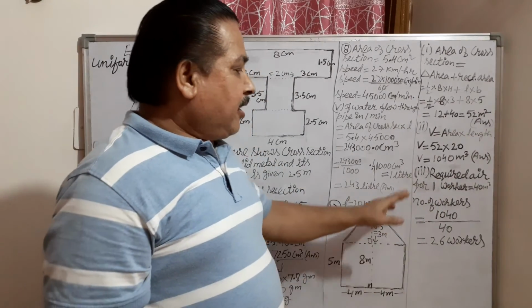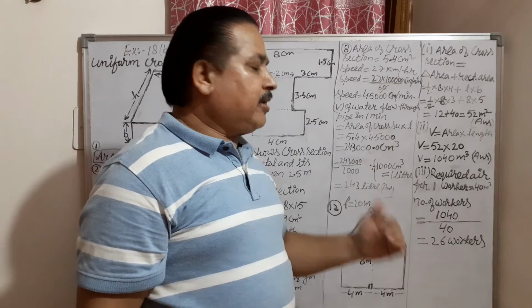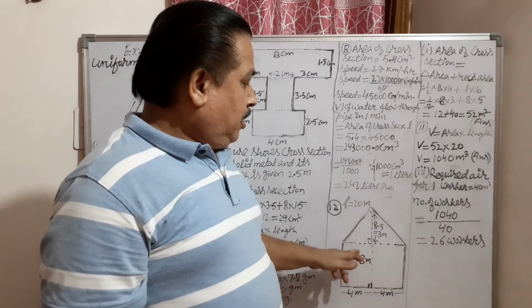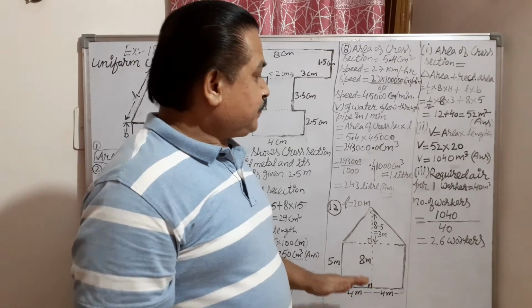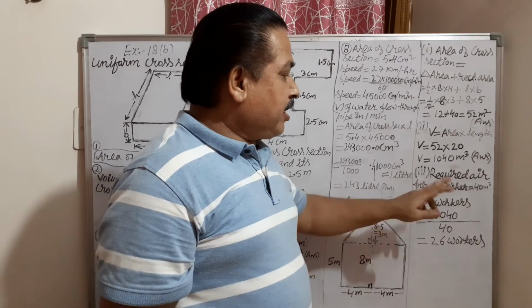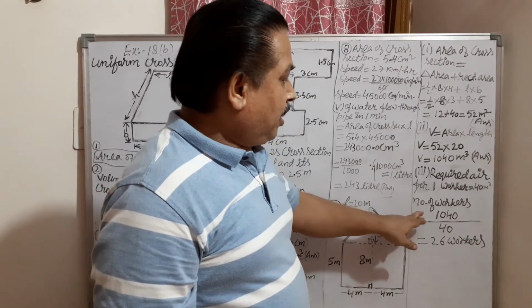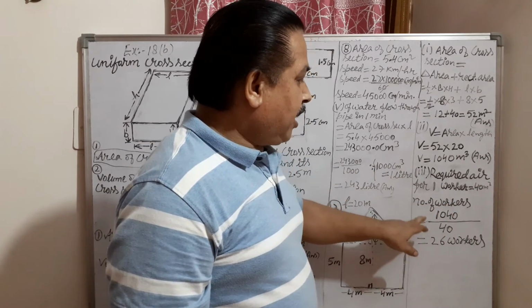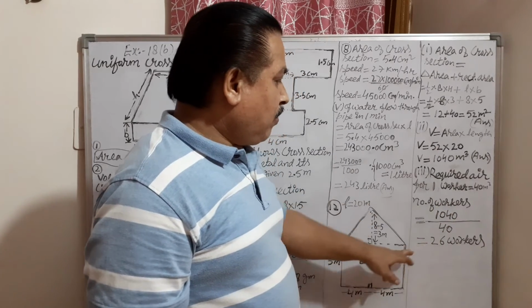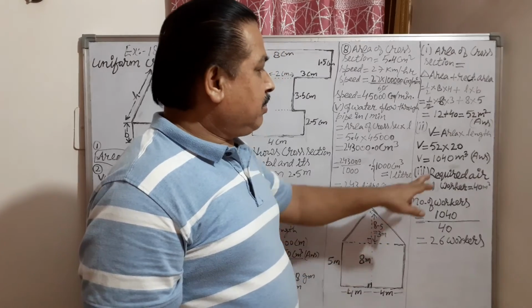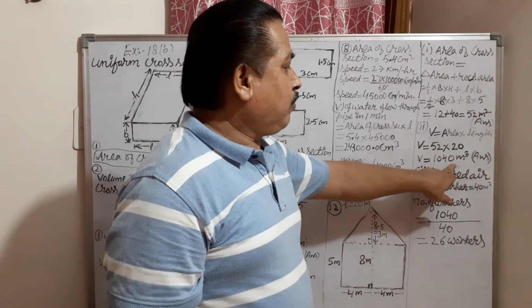In the third part they are asking number of workers. How many workers can stay in this garage? And one worker required 40 meter cube of air. So how we can calculate the number of worker? Volume of air in the garage, the volume of this garage is 1040.